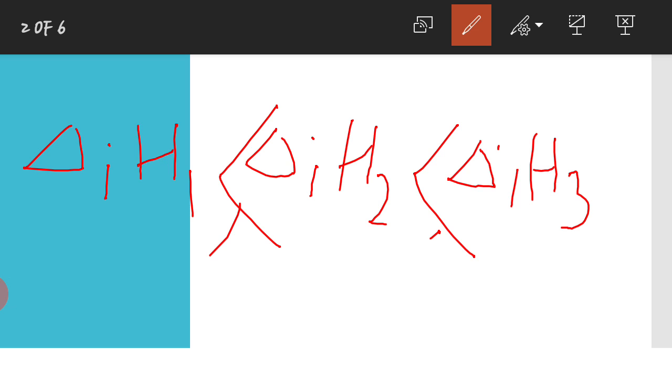Therefore, ionization enthalpy required to remove the next electron from gaseous cation is higher than its second ionization enthalpy. Thus, delta I H3 is greater than delta I H2, and delta I H2 is greater than delta I H1.